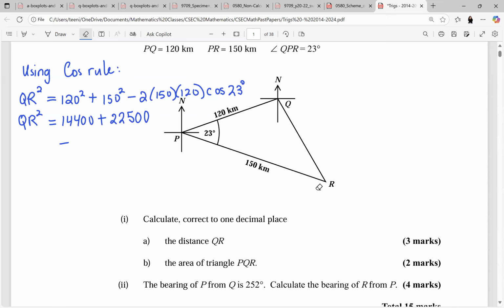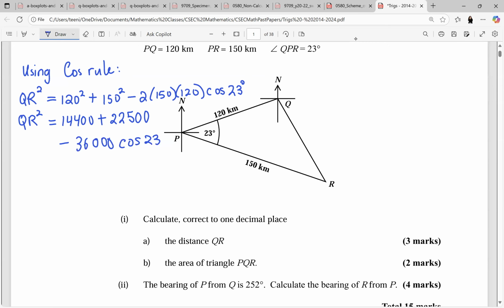If you all got the answers yet, just send it to me in the chat. Just text it in the chat. I get 36,000. Right. So this would end up being 14,400 plus 22,500 minus 36,000 by cos of 23.